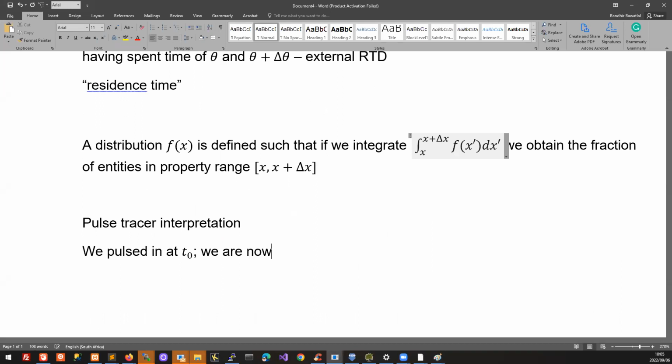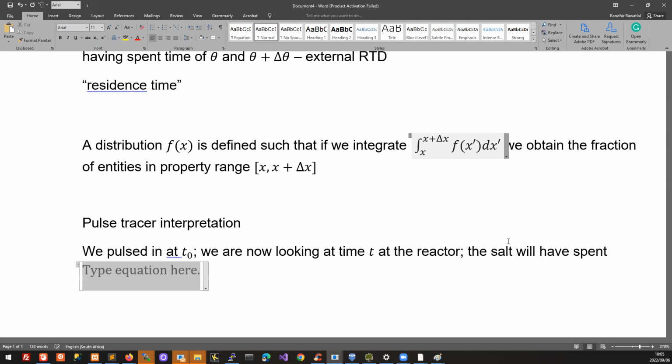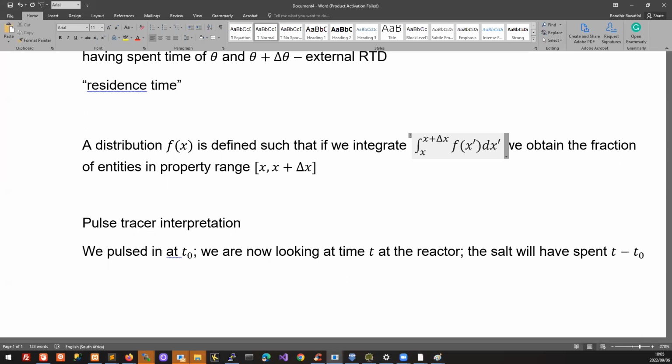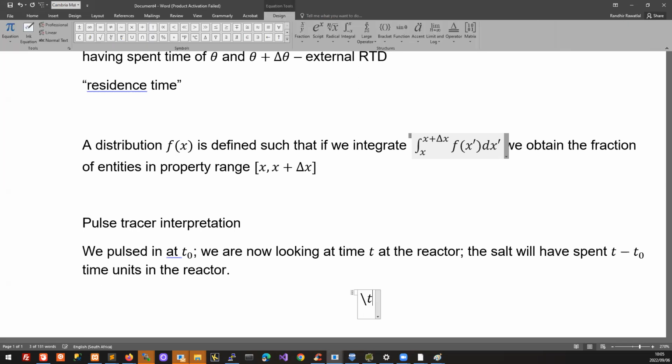We are now looking at time T at the reactor. The salt will have spent T minus T0 time units in the reactor. So that's the age. We can say beta equals T minus T0.